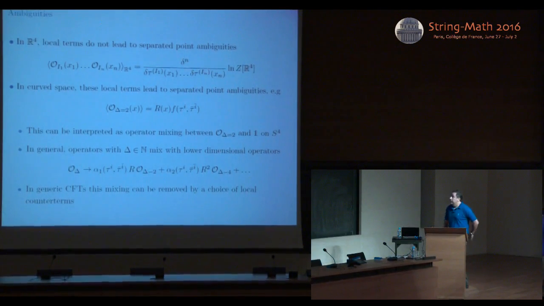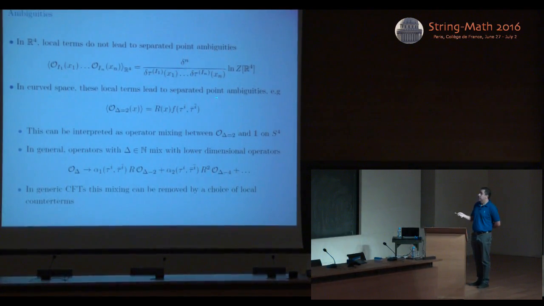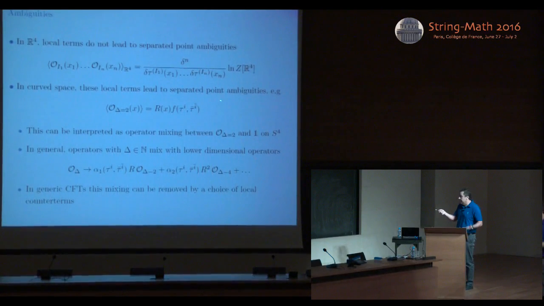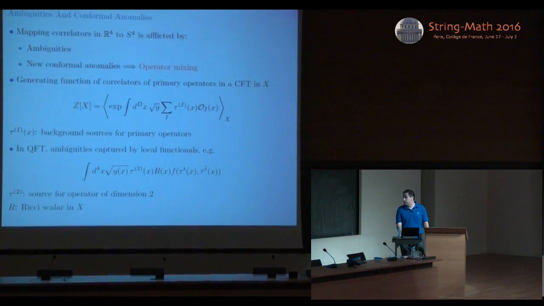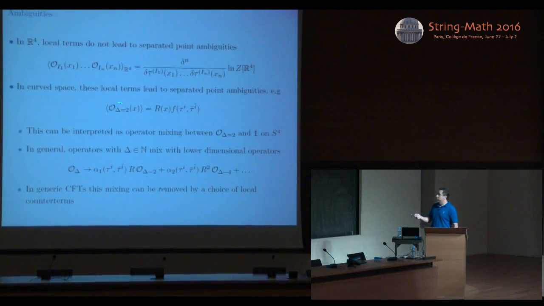But in curved space, these local terms lead to separated point ambiguities. Namely, if I want to compute the 1-point function of this dimension 2 operator, and I differentiate with respect to the source that couples to it, that's going to induce a non-trivial 1-point function from the counterterm. Okay?